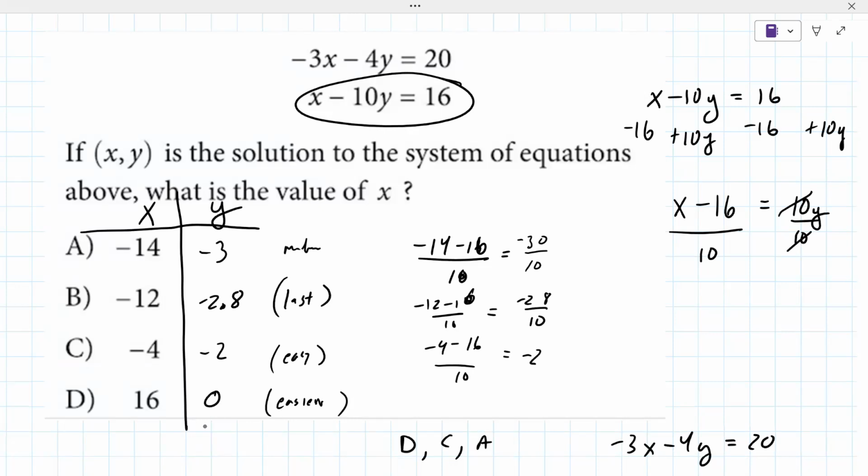Go ahead and try D and C and A. Let me know if any of those work, please.